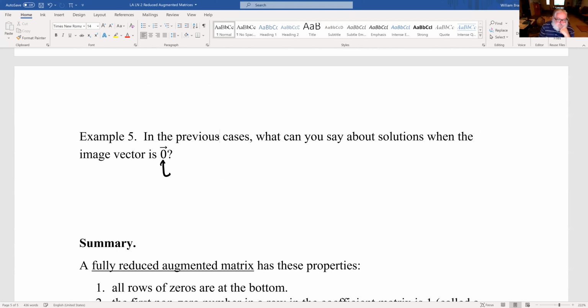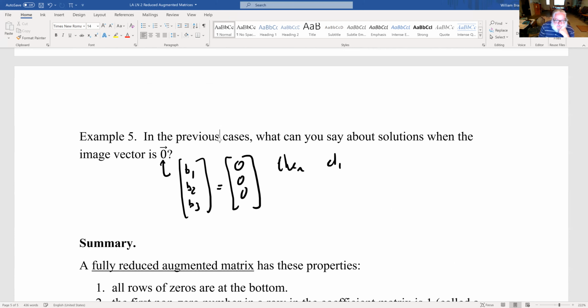this is saying that your solution, say B1, B2, B3, is equal to the 0 vector, which is just 0, 0, 0. So the B's are the numbers you start with, the D's are the numbers you end with.